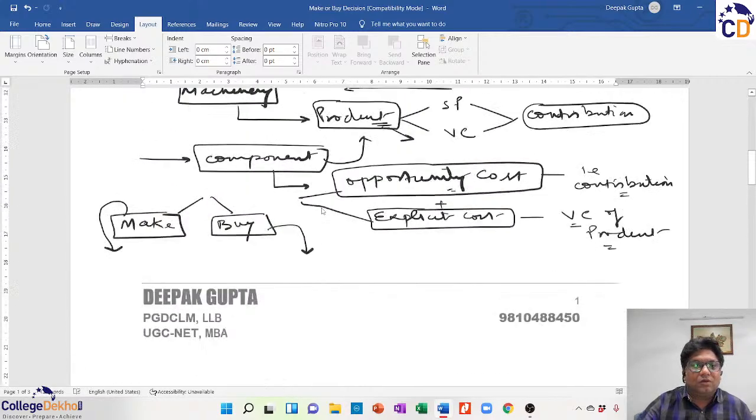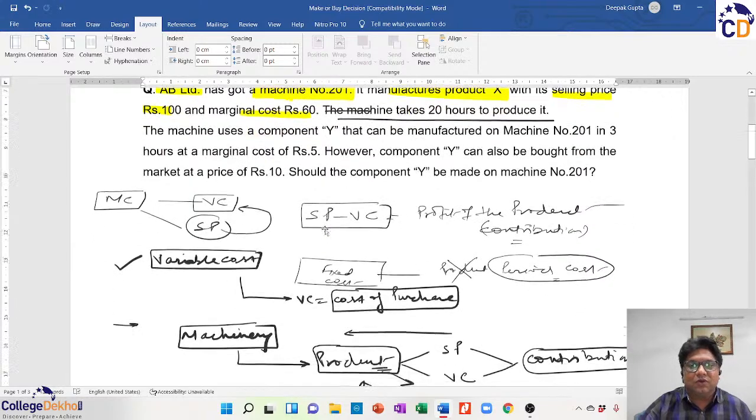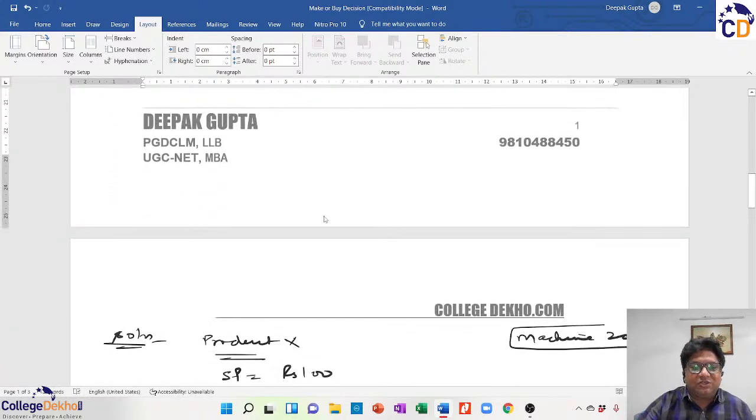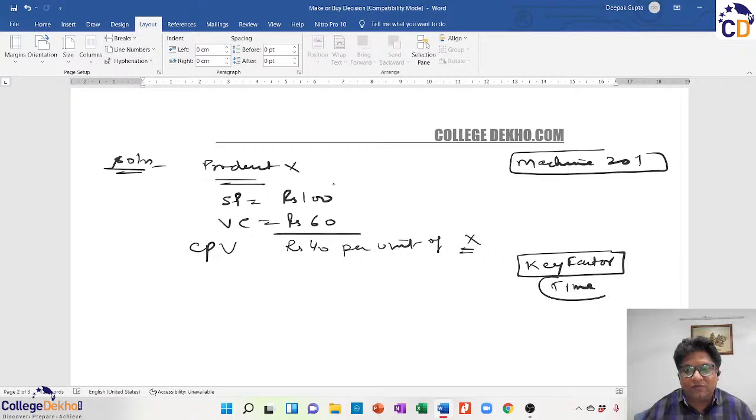Now, if you further see the question, the machine takes 20 hours to produce. It means if the time is mentioned, then the time becomes the key factor, because here the production capacity is measured in terms of time, hours. If the key factor had been units, then we should have compared with the contribution per unit.